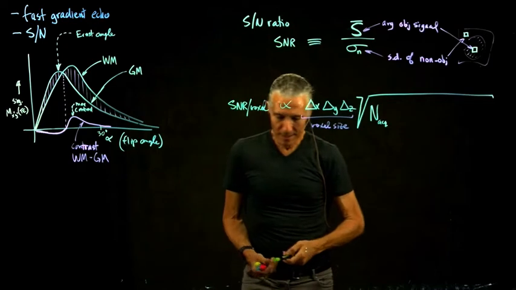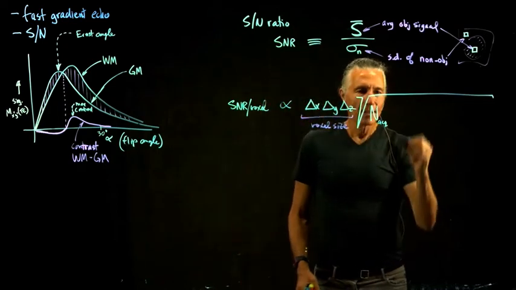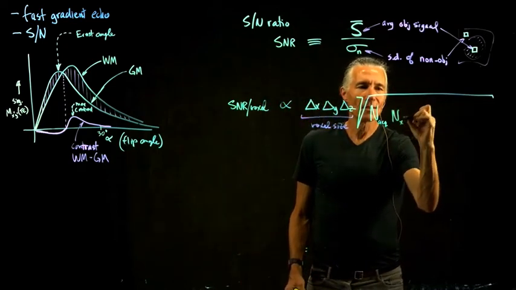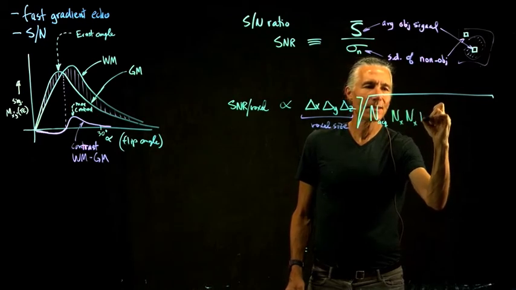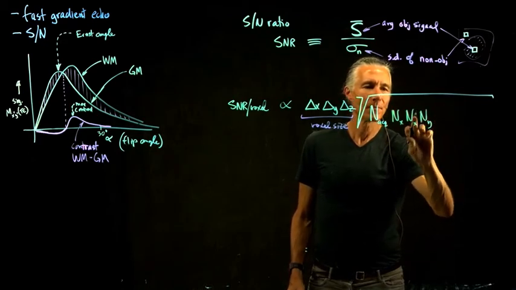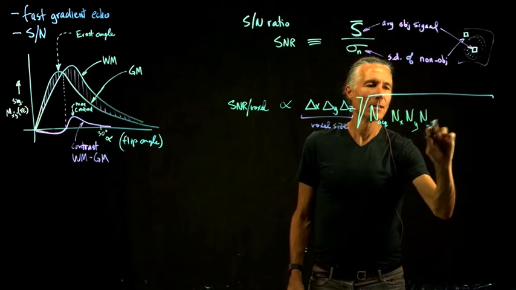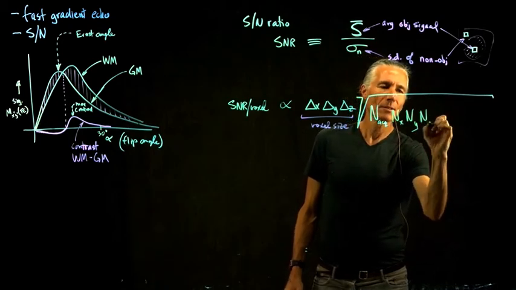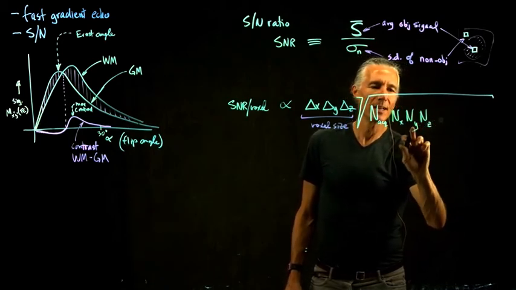The other thing that's on this side is the number of pixels. Now you might think that's kind of weird. What does the number of pixels have to do with anything? But the number of pixels corresponds to the number of data acquisition points.